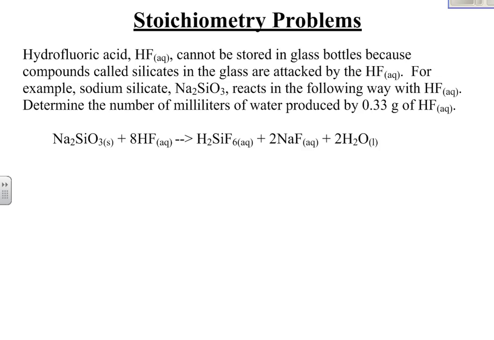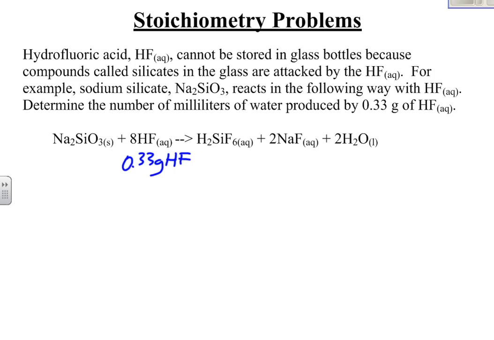So for instance, in this equation, which describes the reaction of hydrofluoric acid with sodium silicates in glass, in which the silicates are broken down by the hydrofluoric acid, we're told that we're starting with 0.33 grams of hydrofluoric acid.